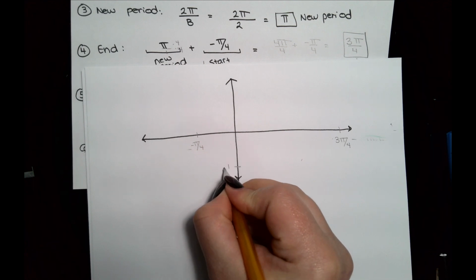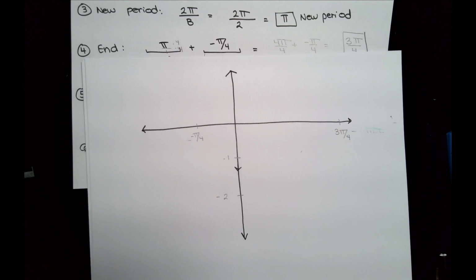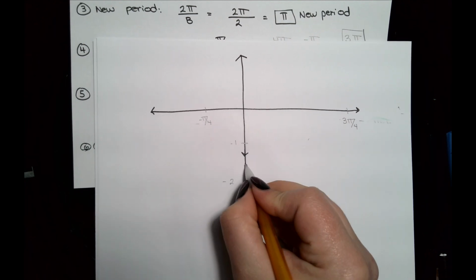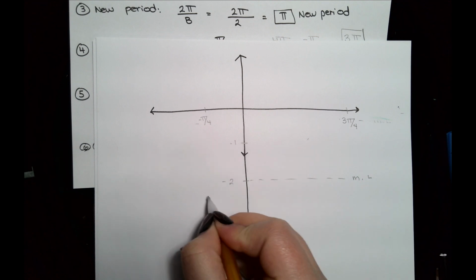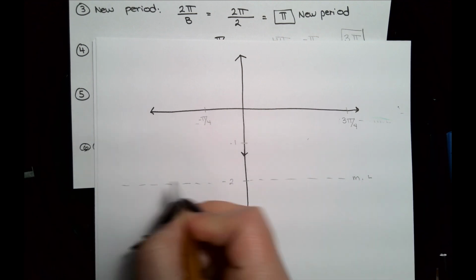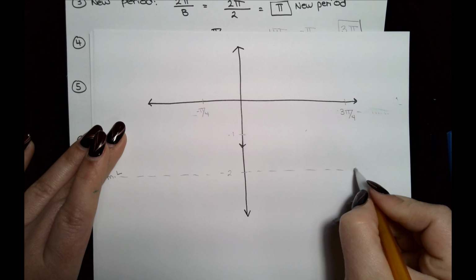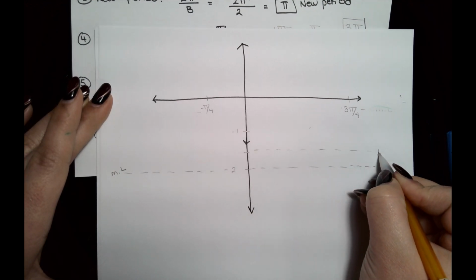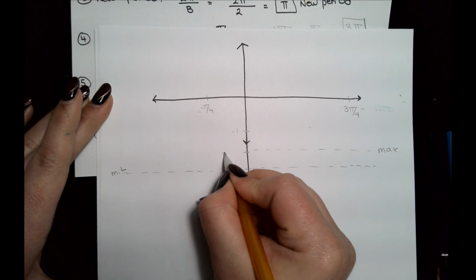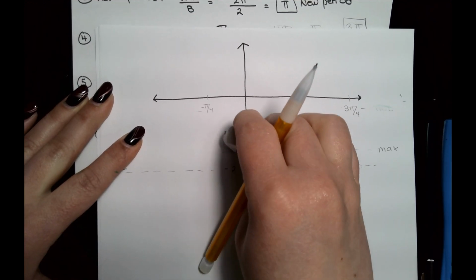Again, we can do this because we're creating our own. Here's 1, negative. Here's 2, negative. So for my 1/2, here's my midline. I'll shift the midline there so it's not in the way. And I go up 1/2 for my amplitude. Here's my max at negative 1 1/2, or 3/2 to be more exact.